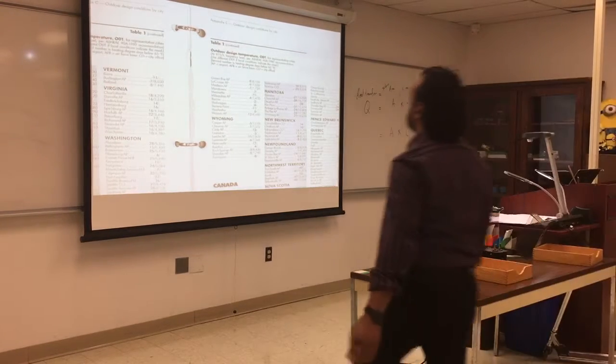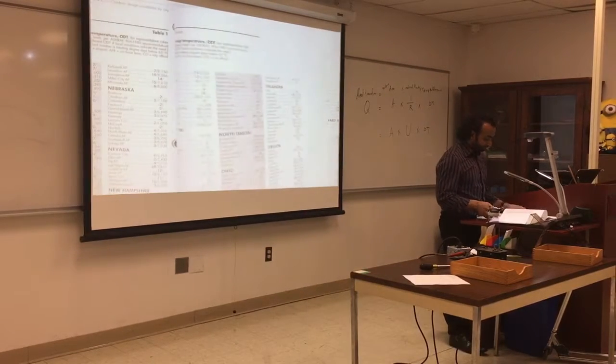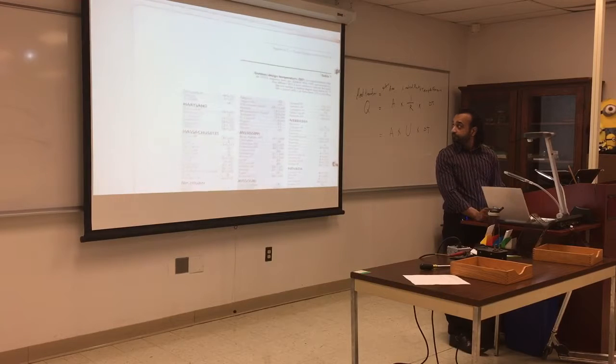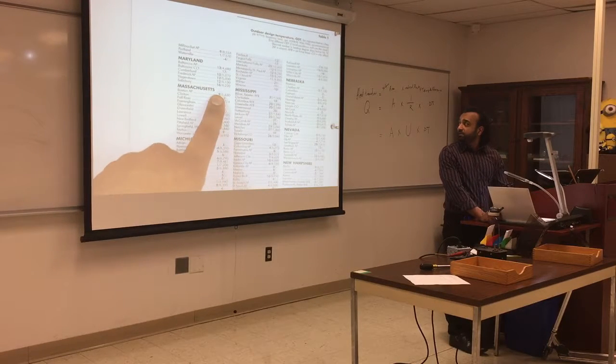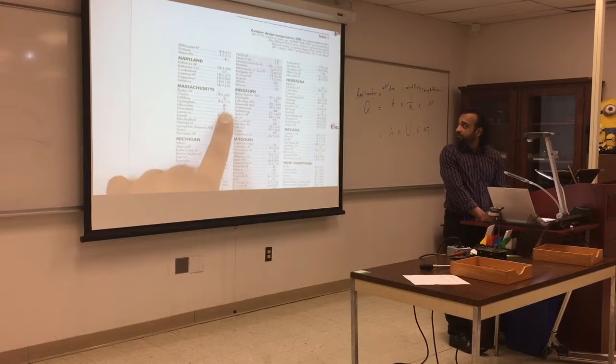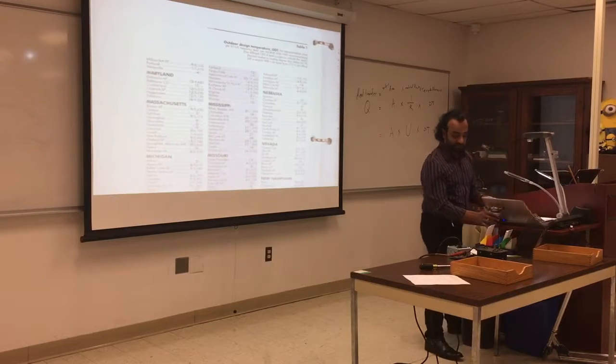So let's look here for Massachusetts. So you have Boston. The first number is the coldest day of the year. Greenfield, minus 2. Springfield 0. Second number, you don't have to worry about now, but we'll discuss that later.